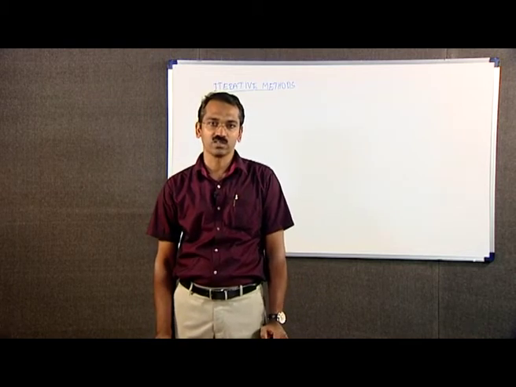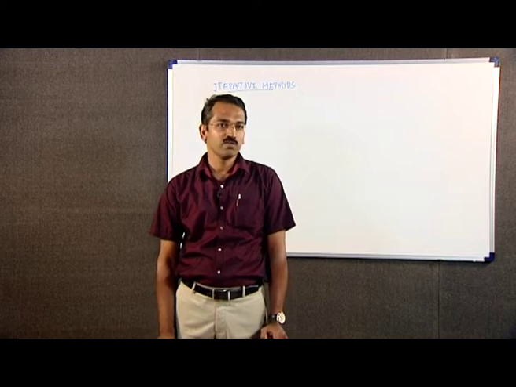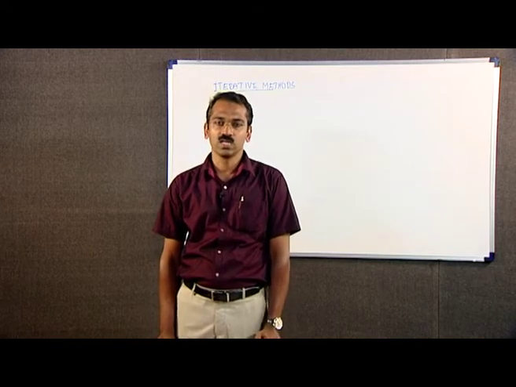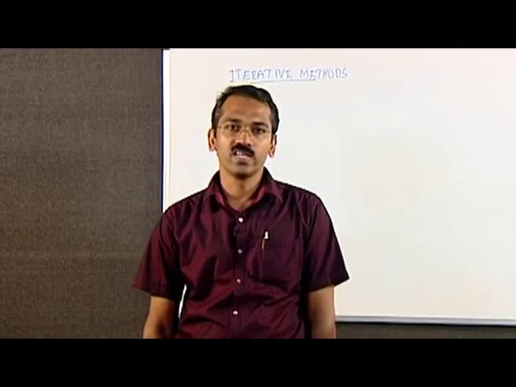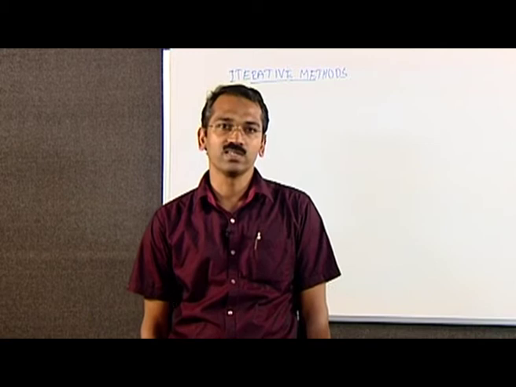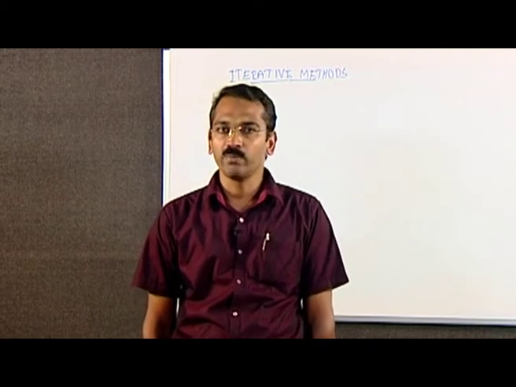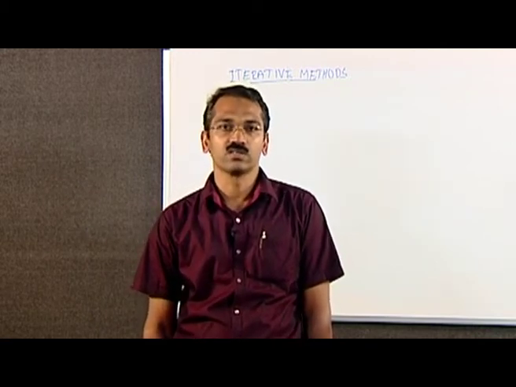free from such inaccuracies. When the coefficient matrix has more zeros, the iterative methods are more rapid than the direct methods. The disadvantage of the iterative methods is that they cannot be applied to all systems of equations.